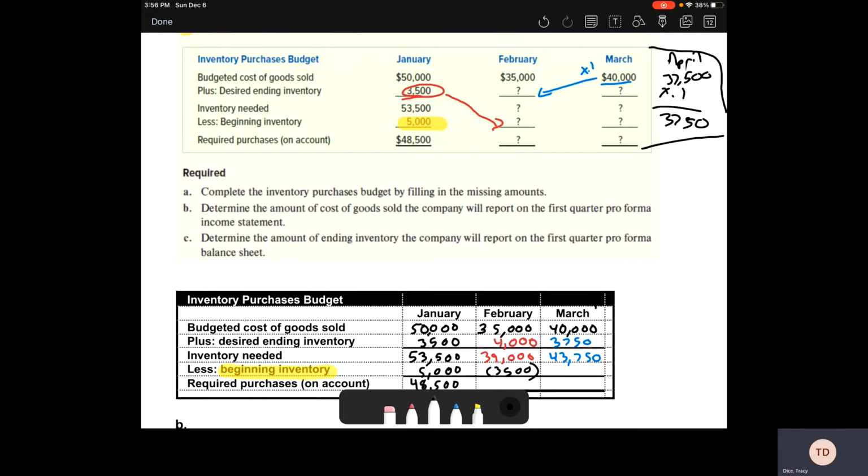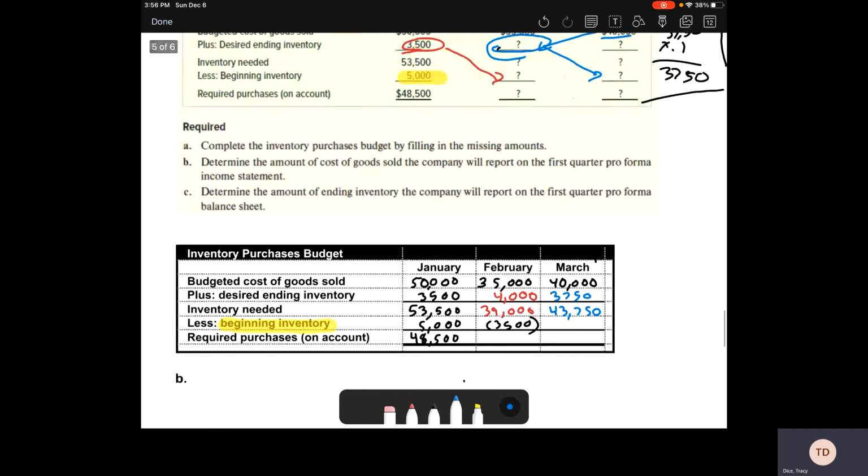And the same thing for March: our desired ending in February is what we will begin March with. We found that desired ending down here is 4,000, so that's what we want to begin March with. When we do all that math, we need $35,500 worth of purchases in the month of February. And then in the month of March, when we do that math, we find that we need to purchase $39,750 worth of inventory. So that's part A.